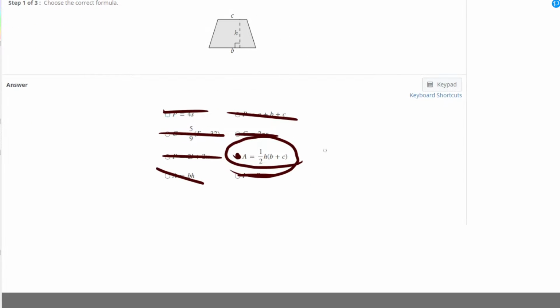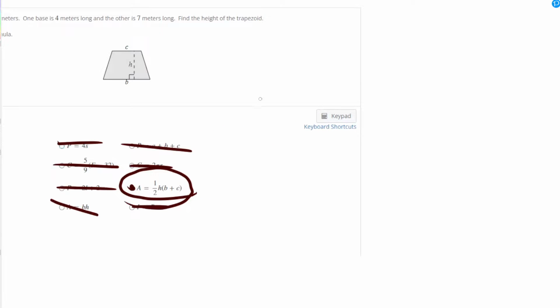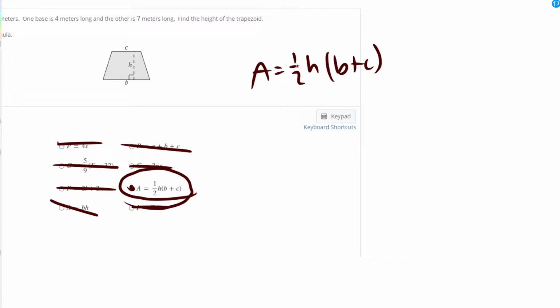For without substitution, since we're trying to get height alone, we have A is equal to 1/2 height times (b plus c). We want to divide by 1/2, which is the same as multiplying by the reciprocal, 2. So 2 times A is equal to h times (b plus c).